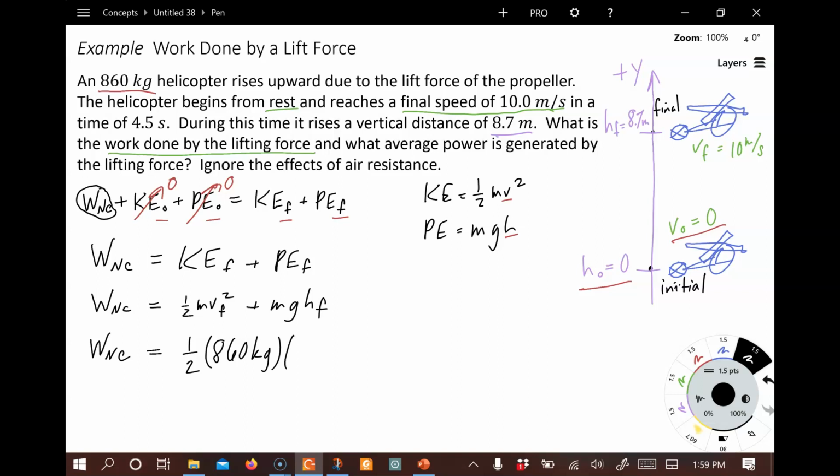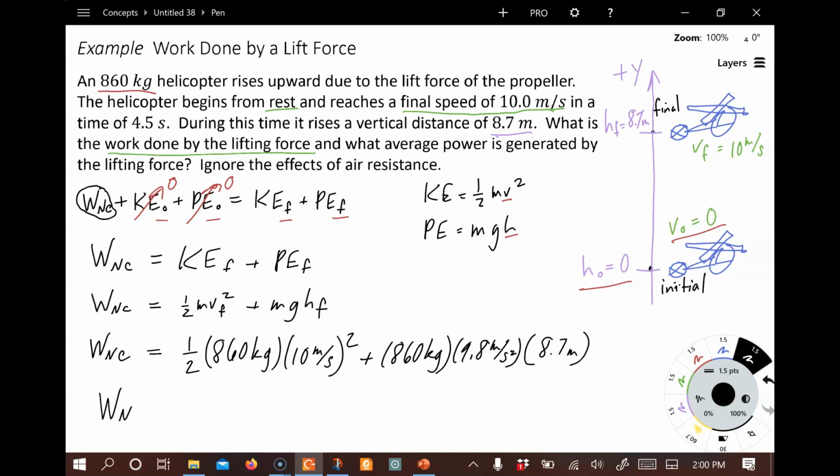We know what the final speed is. It's 8.7 meters per second squared. No, it's not. That's not a speed. That was 8.7 meters. Good thing I checked that unit. 10 meters per second, squared, plus my mass, 860 kilograms, times gravity, 9.8 meters per second squared, and my final height is 8.7 meters.